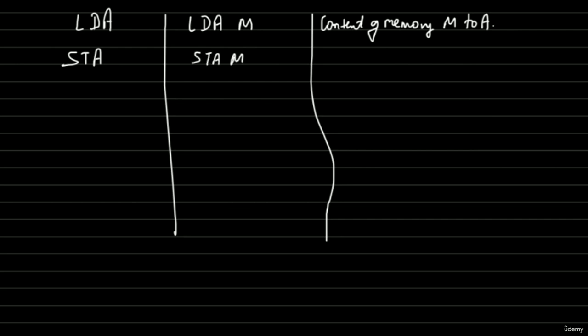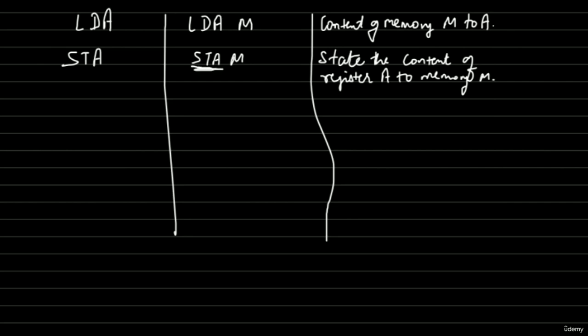It means store the content of register A to memory M. So it's about storing the content. You can say store the address to memory in simple words to understand that.